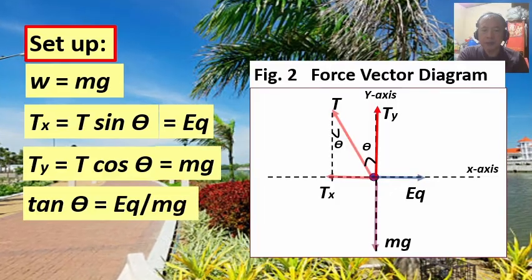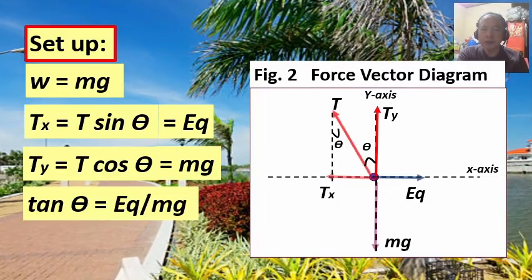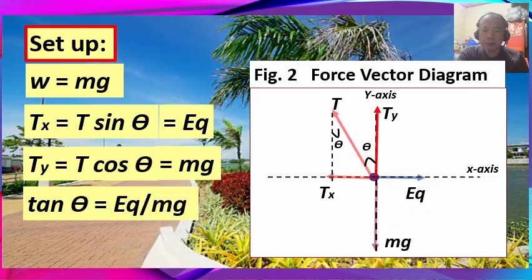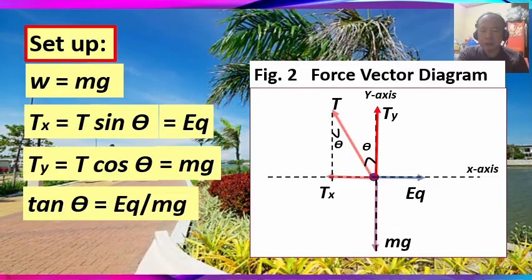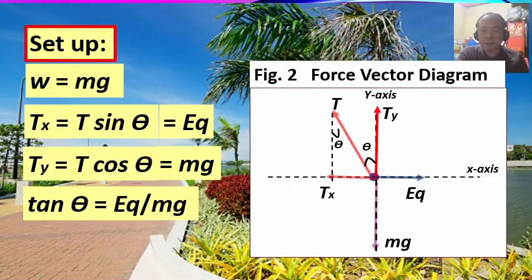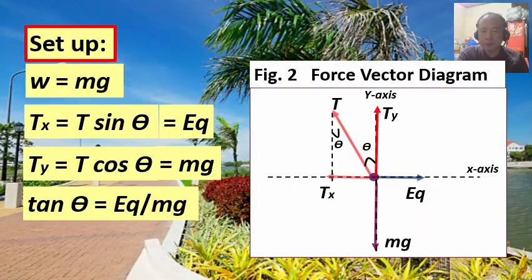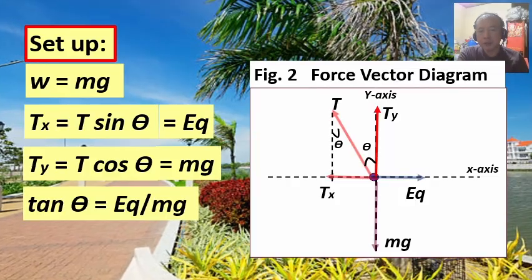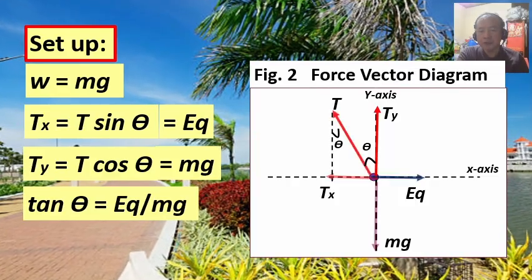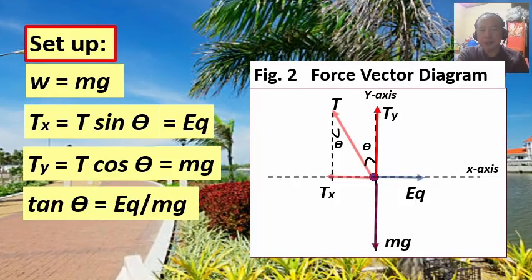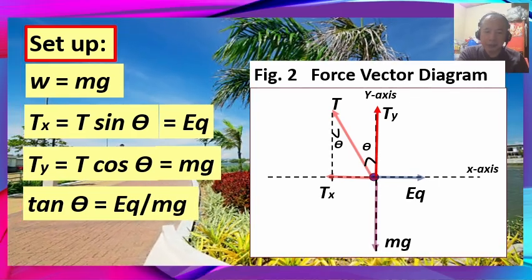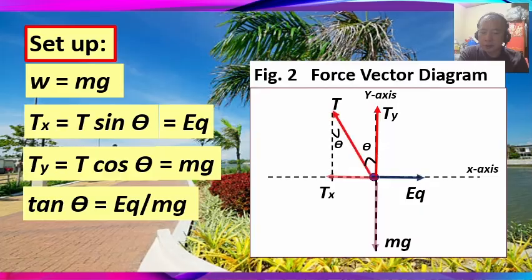So again, the tangent function of the angle theta is equal to the product of the electric field and the charge Q divided by the weight of the sphere, mg. And since what we want is an expression for the electric field, capital E, then we just isolate capital E and come up with this equation.